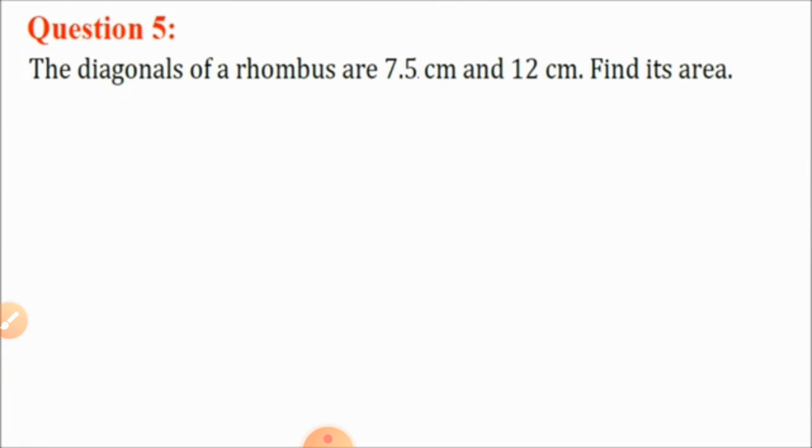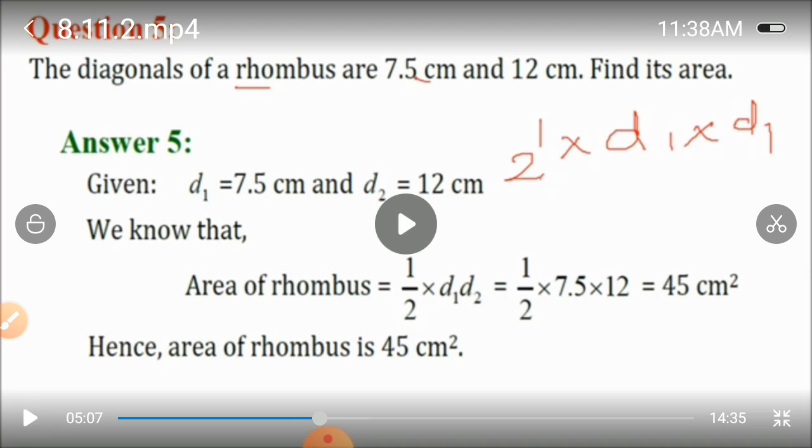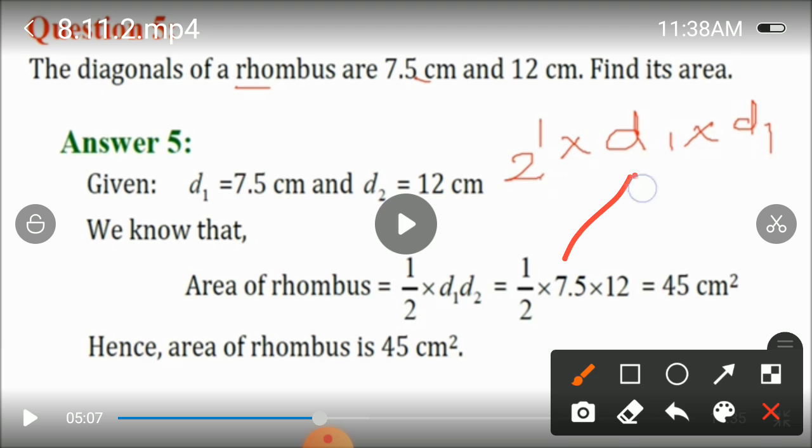Look at question number 5. The diagonals of a rhombus are 7.5 centimeters and 12 centimeters. We know the formula to find the area of a rhombus. Suppose this is a rhombus.